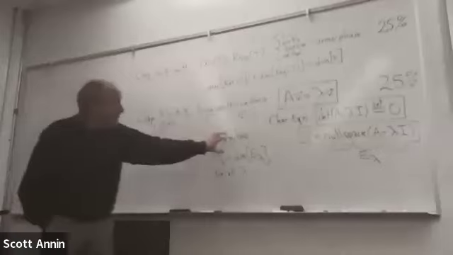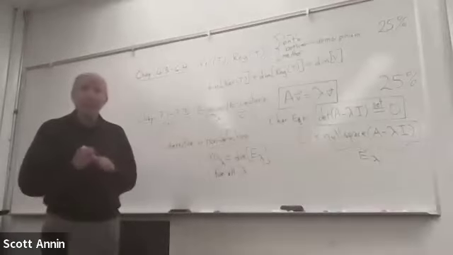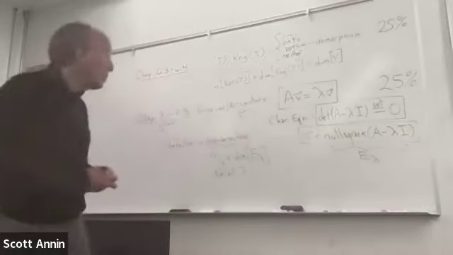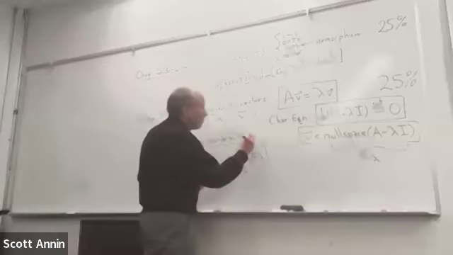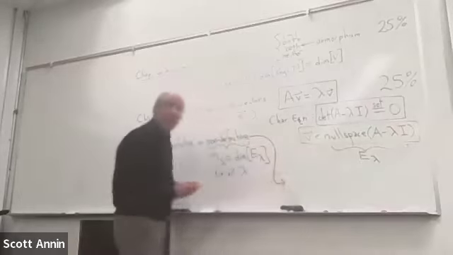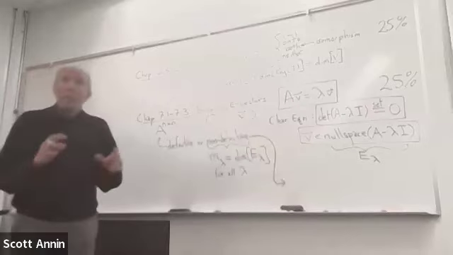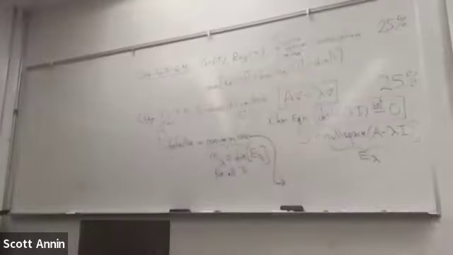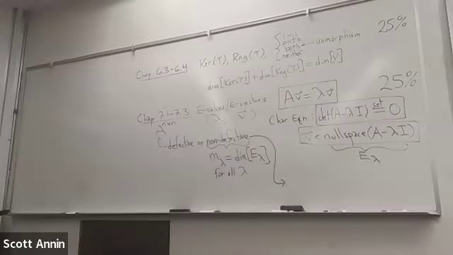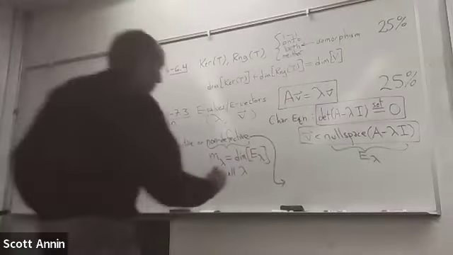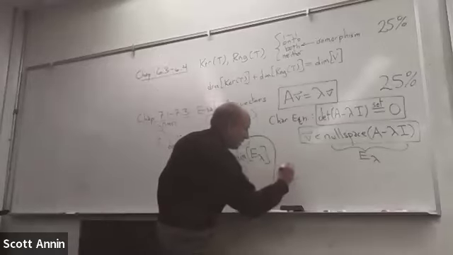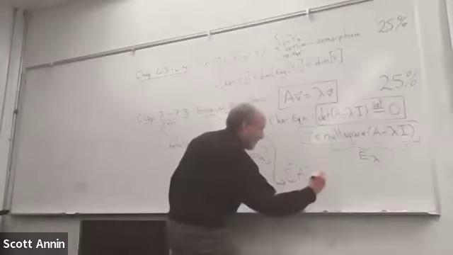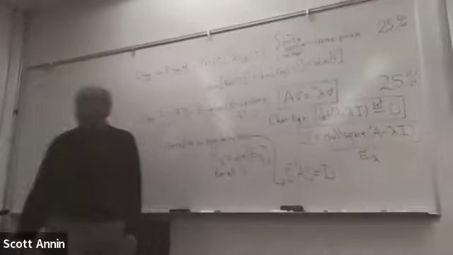Right. And in this non-defective case, just one last point of review, and this is important because I didn't really ever actually lecture on this. You guys watched a video about this part, but in the non-defective case, we can actually diagonalize the matrix. So I'll just remind you that we have these equations, S inverse A S equals D, right?